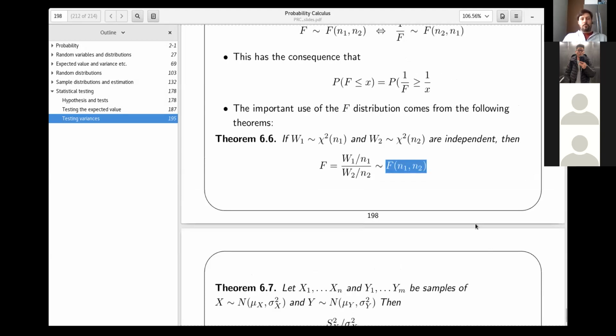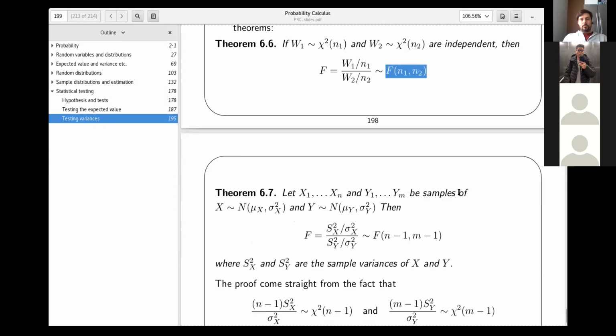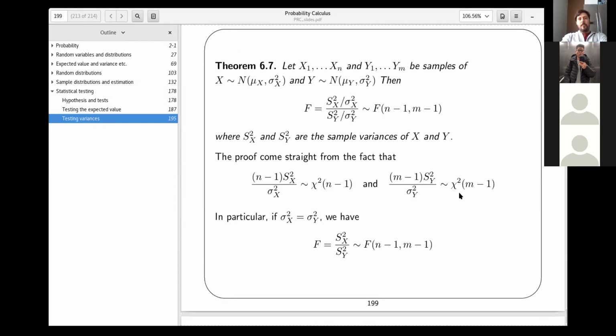If we have two samples, X and Y, where X is normally distributed and Y is normally distributed, then the sample variance of X divided by the actual variance of X, divided by the sample variance of Y divided by the actual variance of Y, has the F distribution with n-1, n-1. This is the important part here. We can derive a distribution for these normalized sample variances when they are chi-squared distributed.